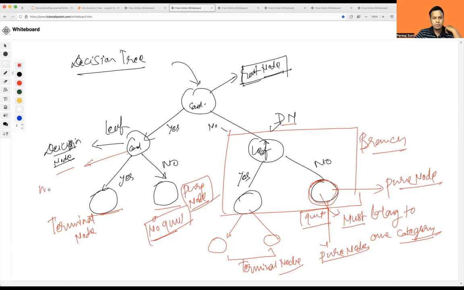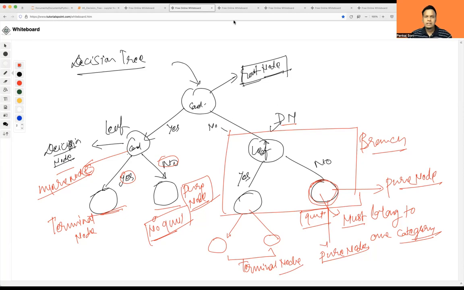Why is it an impure node? Because they have two categories, yes and no. Correct. They belong to two different categories, and because of that your branches are getting bifurcated. Once branches are terminated, they must belong to one particular category, and that is what a pure node is. Okay, so that's about this.